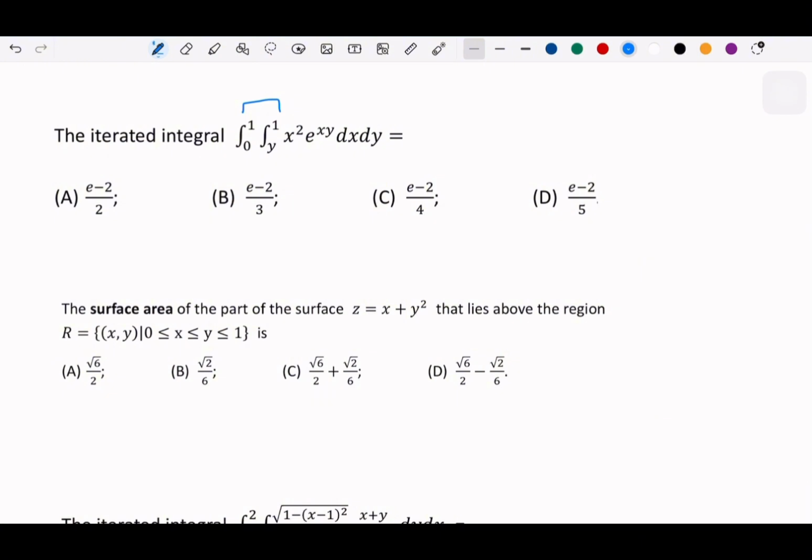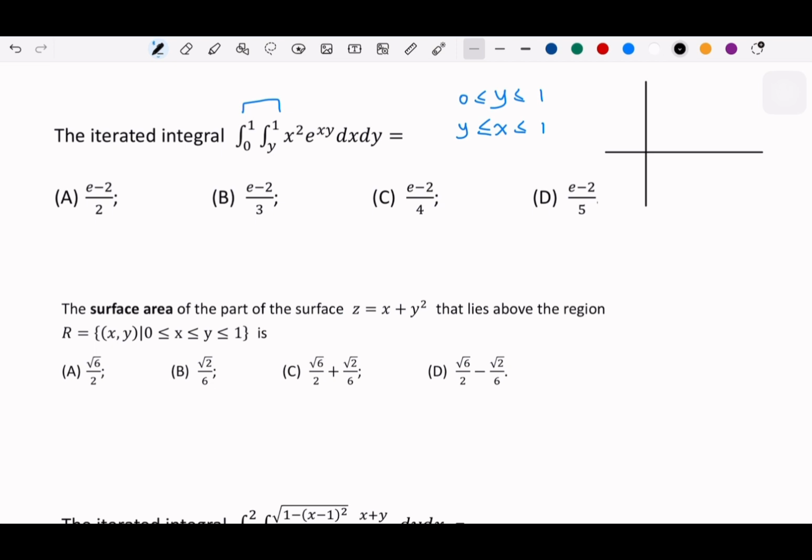To get the order, we need to see these endpoints. So we look at y starting from 0 to 1, and x is from y to 1. Perhaps drawing this area would make sense. Maybe it helps to give you some logic.